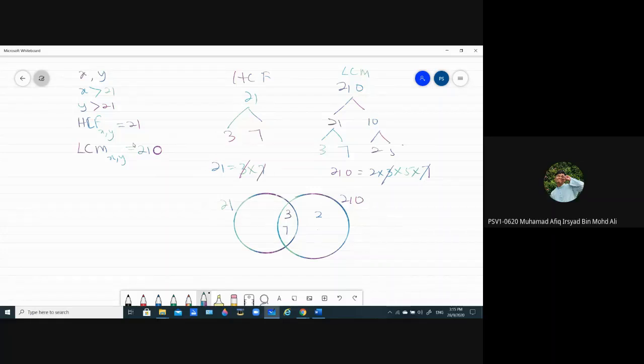Why do I have another 2 here? Is there a 5 here? Okay, so now we don't know the two numbers. Sorry, this is not 21. Sorry, this is X and Y.